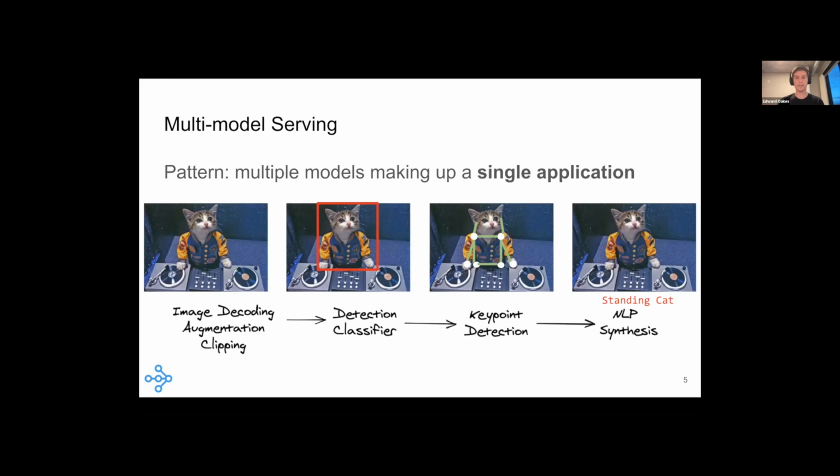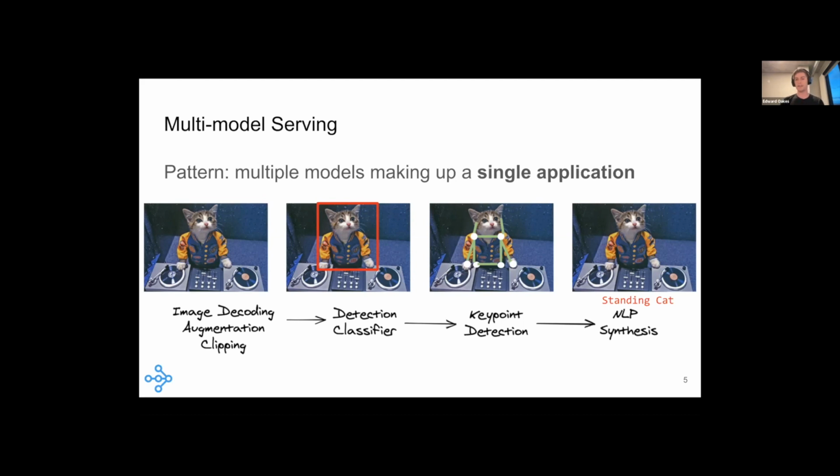Imagine that we have an application where we want to synthesize a description for an image. We can't just train one basic model in order to perform this complex task. Instead, we have an image processing pipeline. In this example, we first need to do some kind of pre-processing on the image. So maybe decode it and do some basic pre-processing like augment it or clip the image. Then we might have a classifier followed by something like key point detection.